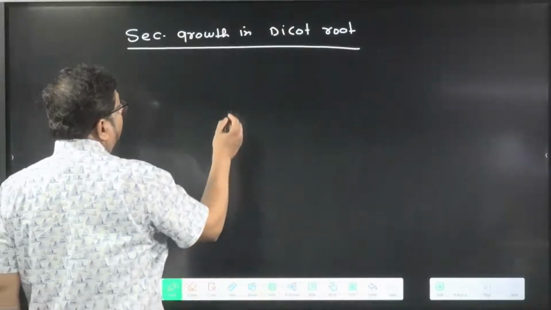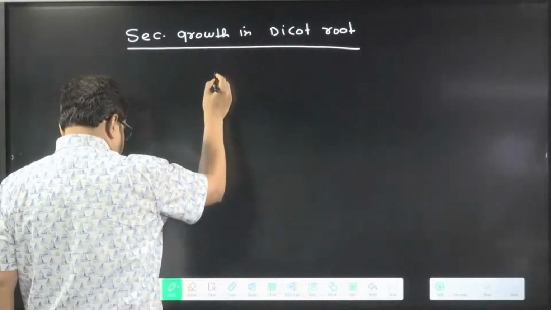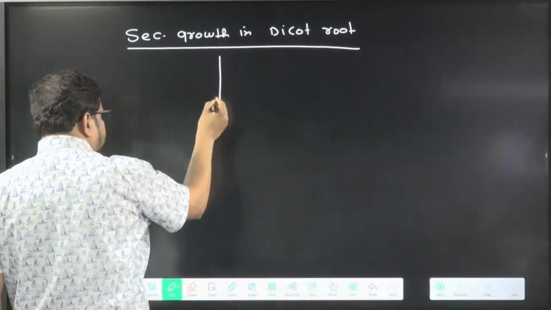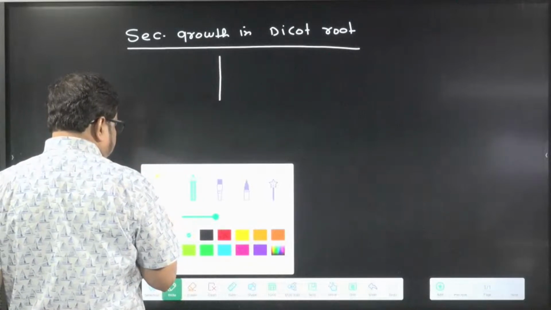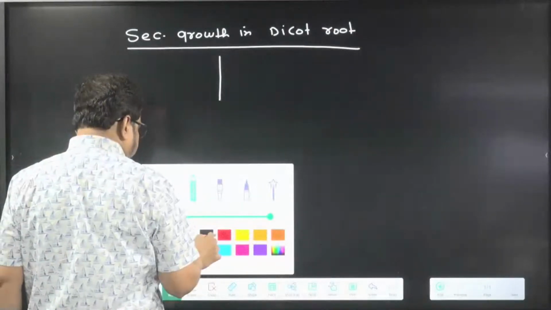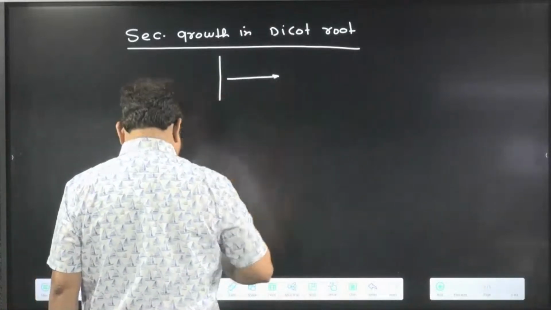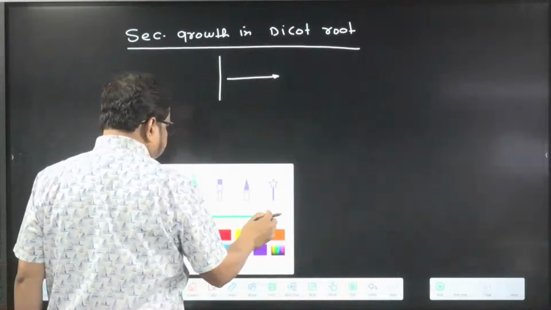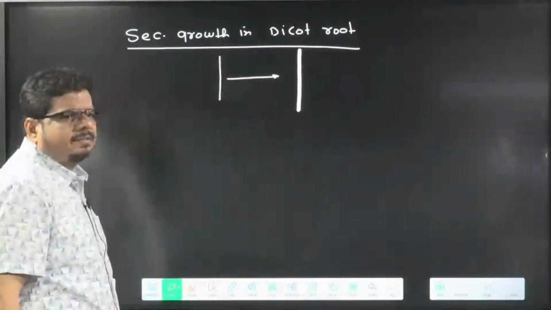So during secondary growth, what is happening? You just see, this is a plant stem. Now what happens due to secondary growth? It becomes like this.